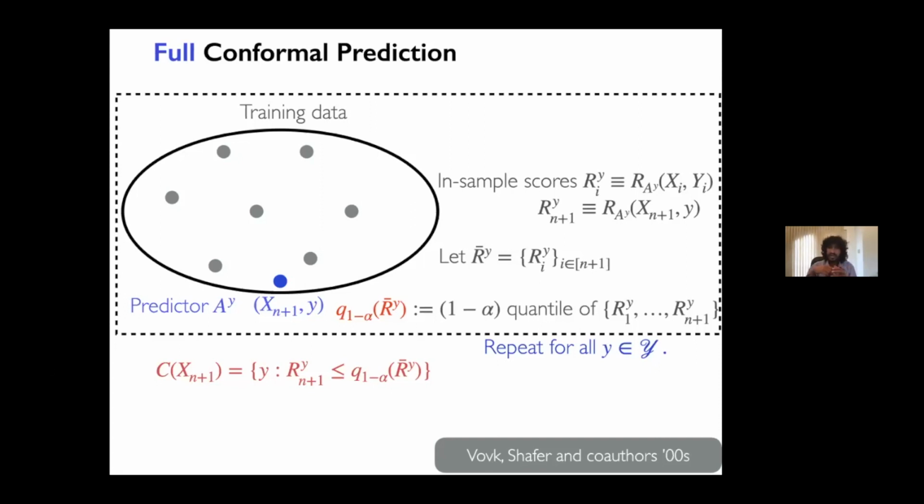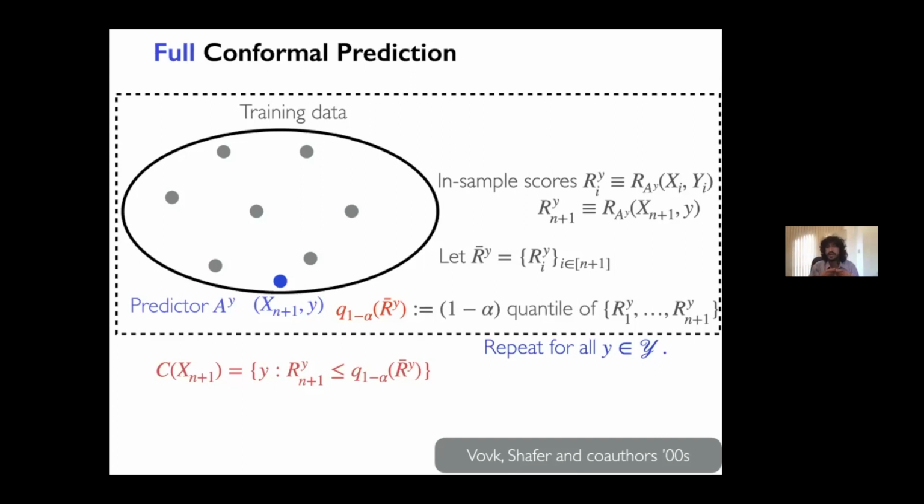If my little y was absurd, let's say that most of the observations are like +1, -1, +2, -2, things like that, and I'm guessing little y as 1 billion, then what's going to happen is that very likely the n+1st residual will be 1 billion. It's going to be really huge, and it's going to be much larger than all of the others. Of course, this depends on the algorithm. I don't have the algorithm at this point, it's arbitrary, but intuitively that's what's happening.